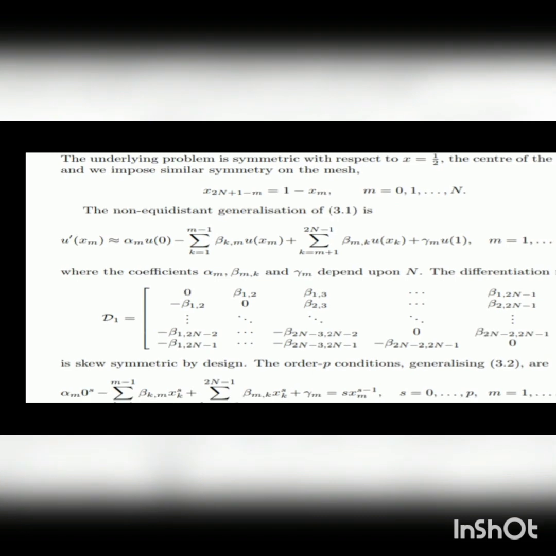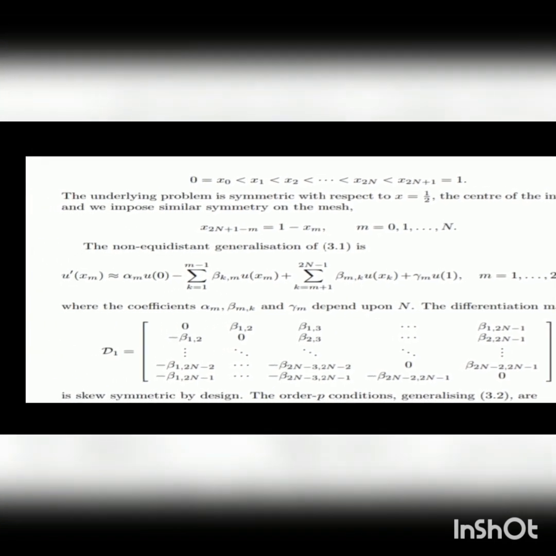Here is the first equation given on this slide. The underlying problem is symmetric with respect to x equals 1/2, the center of the interval, and we impose similar symmetry on the mesh.